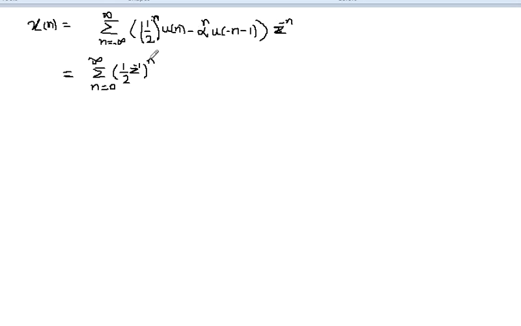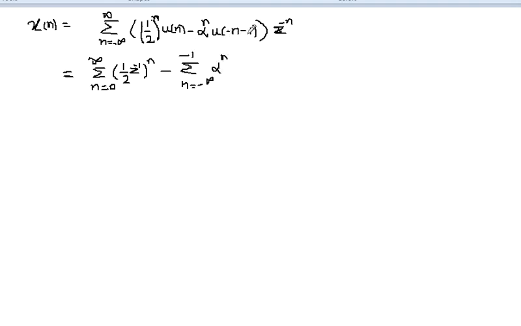And similarly minus of this summation, and the summation runs from n is equal to minus infinity to minus 1, alpha raised to n.